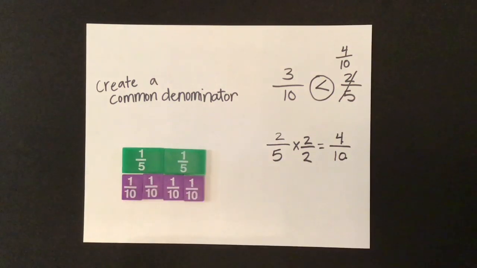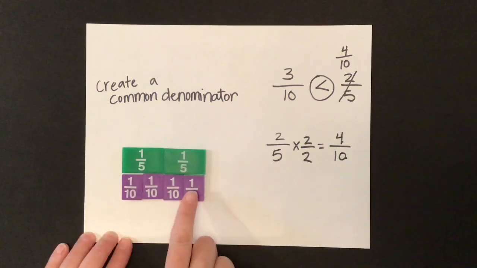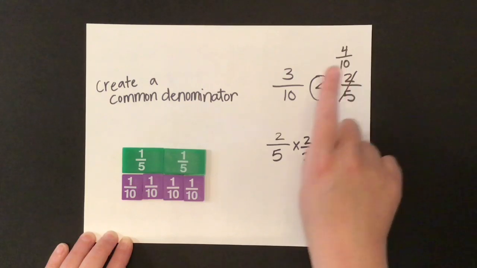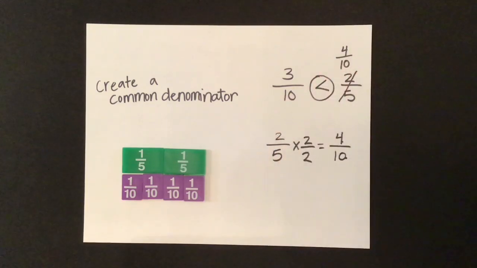Two fifths times 2/2 equals 4/10, so these are equivalent. And now we're comparing 4/10 to 3/10. So let's get started on our practice pages.